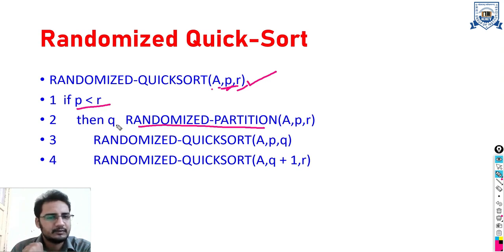You assign the result to the variable q, and then you call randomized quicksort on the left hand side of the partition, that is on the array A from P till that partition, and randomized quicksort on the right hand side from q plus 1, the next element after the partition, till the end of the array. So in this way, you can do randomized quicksort.